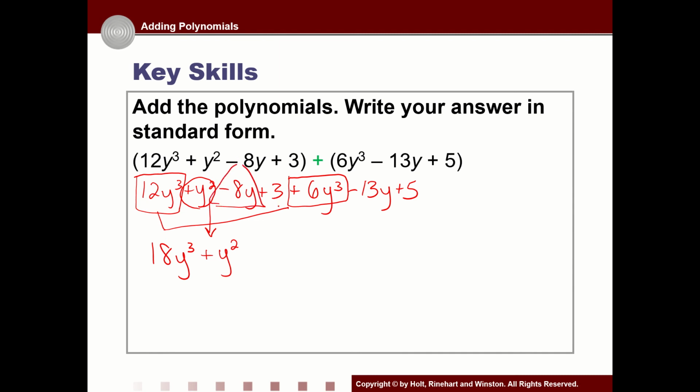So I'm going to look at what's left. There's no y there. Here's just a y. That's a like term. Negative. I want to keep the negative in the shape just like I did with the negative 8y. Okay, and this last term, no y. So negative 8y minus 13y gives me negative 21y.